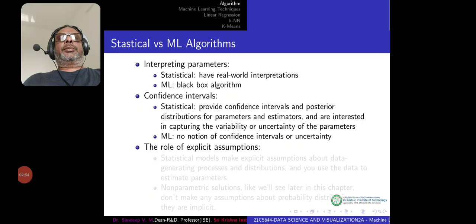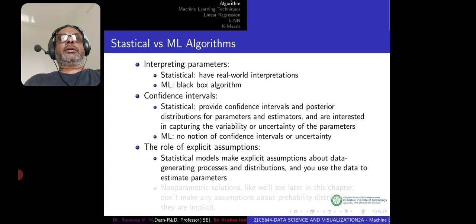The role of explicit assumptions: statistical models make explicit assumptions about data generating processes and distributions. So here we do assume that the data is coming from a system with a particular distribution, and we use this data to estimate the parameters.